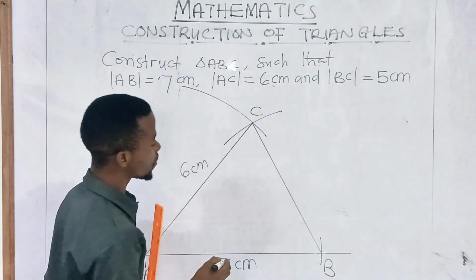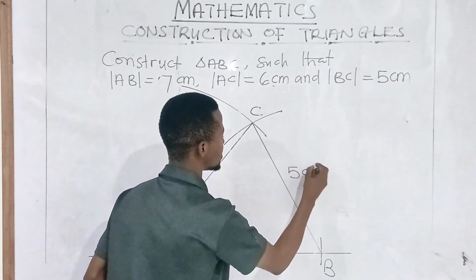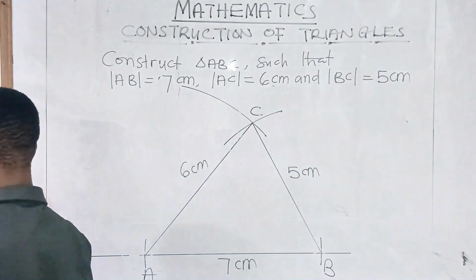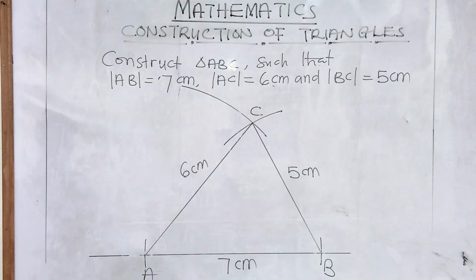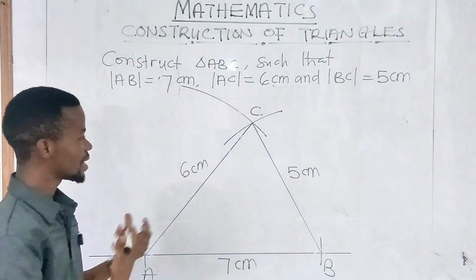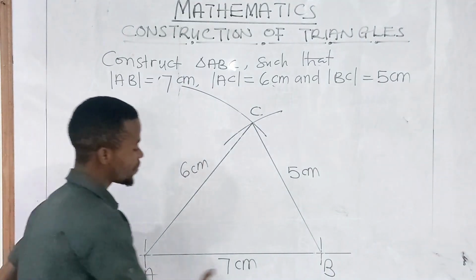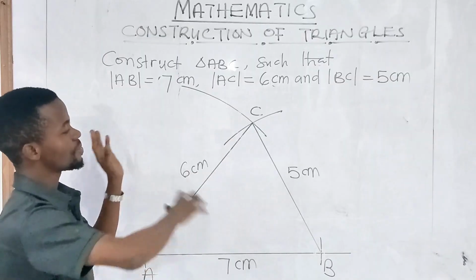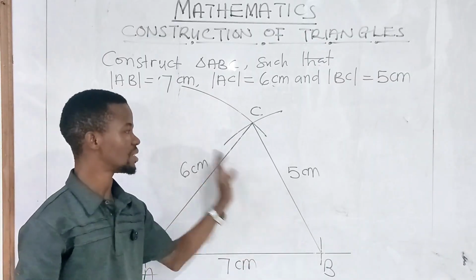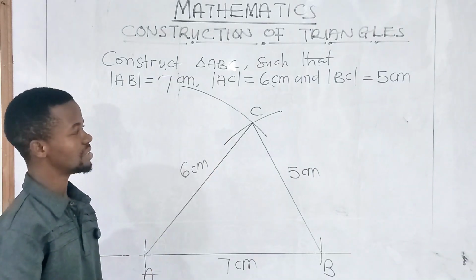And our magnitude for BC is 5 centimeters. This is how you construct a triangle when all the sides are given. You get a different question, you follow the same procedure, you draw your first line, then you measure, make an arc, then you measure and make an arc to cross the first one, then you join the lines.